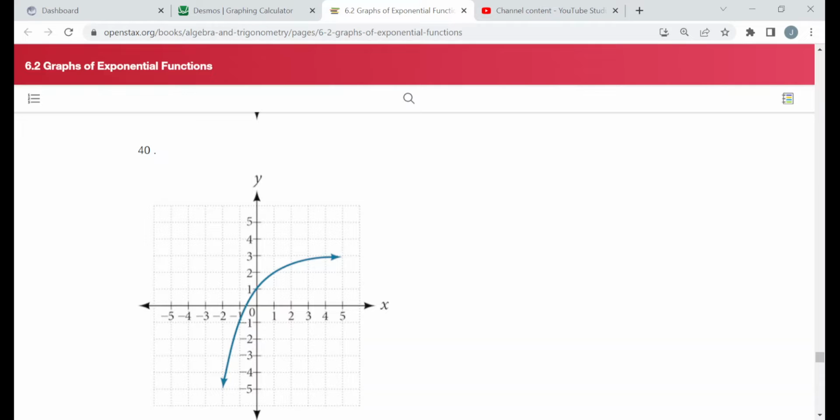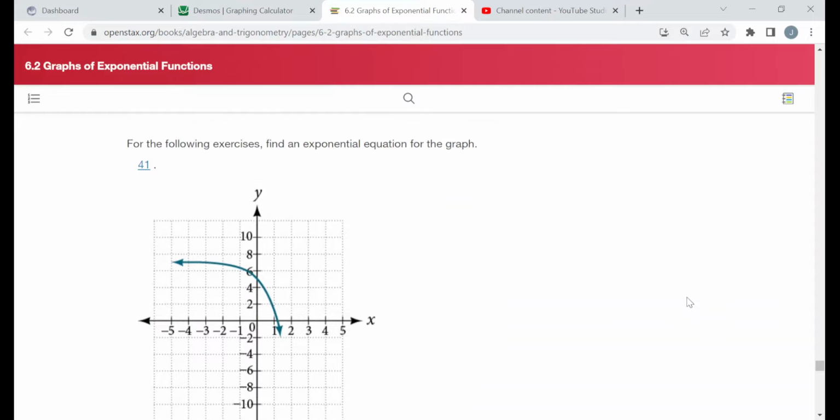Alright, now I just got one more of these. So now, just find an exponential equation for the graph. So this one will be a little easier. Oh, you know what I could have done?